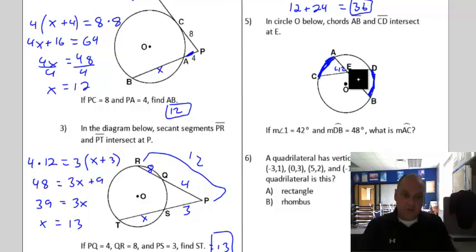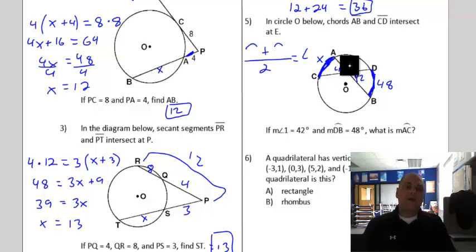DB is 48. We don't know AC. That's what we're trying to find. So it's going to be arc plus arc divided by 2 equals the angle. That's how you do the interior angles in the circle. Not at the center, but just angles hanging out inside the circle. You add the intercepted arcs and divide by 2.